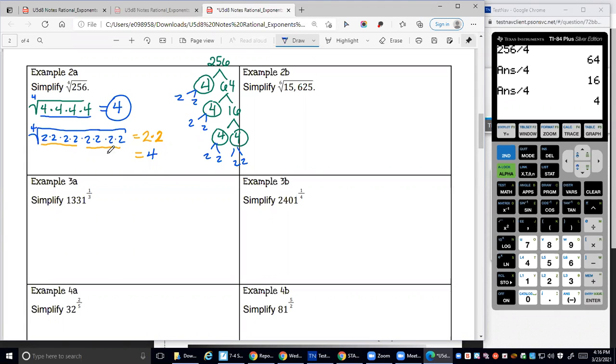Any questions on that? Okay, I'm going to pause. I want you to start with a little factor tree, and let's discuss what number might be good to divide this by. Since it ends with a 5, 5 might be an option.